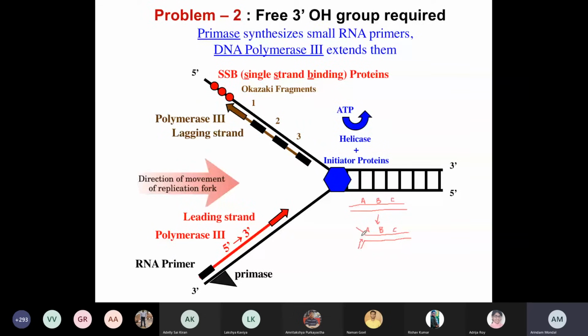For the other strand, it will synthesize a primer here and it will move in the opposite direction, right?